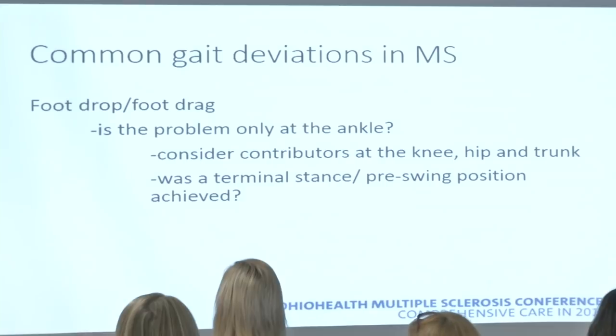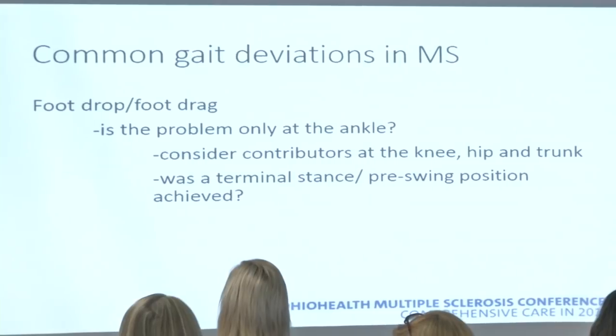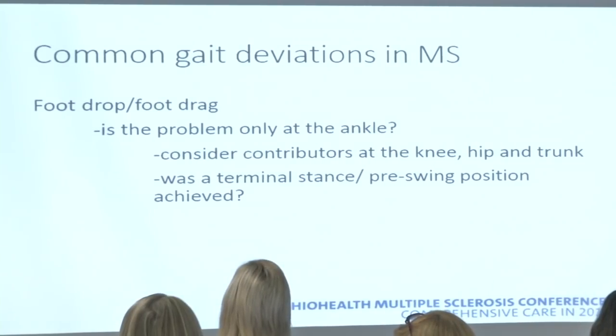Weak dorsiflexors are commonly seen in MS, but it's also important to consider whether weakness from the hip flexors or hamstrings could additionally be driving dysfunction in this stage. Also consider the role of the contralateral or stance limb in providing stability in swing phase. If this limb isn't providing sufficient stability, it can further contribute to decreased foot clearance in swing phase.